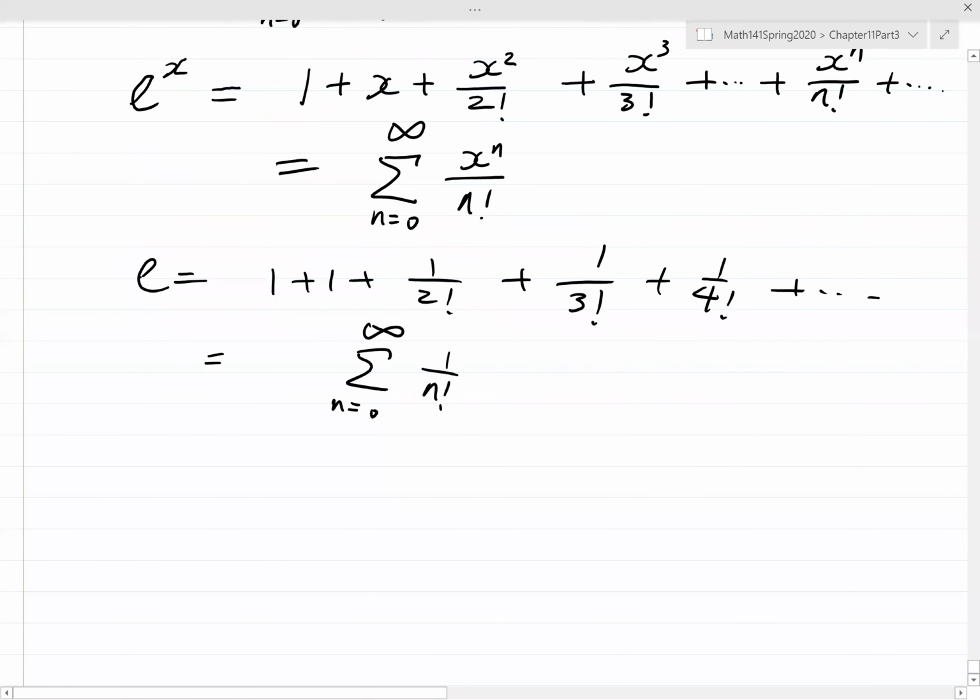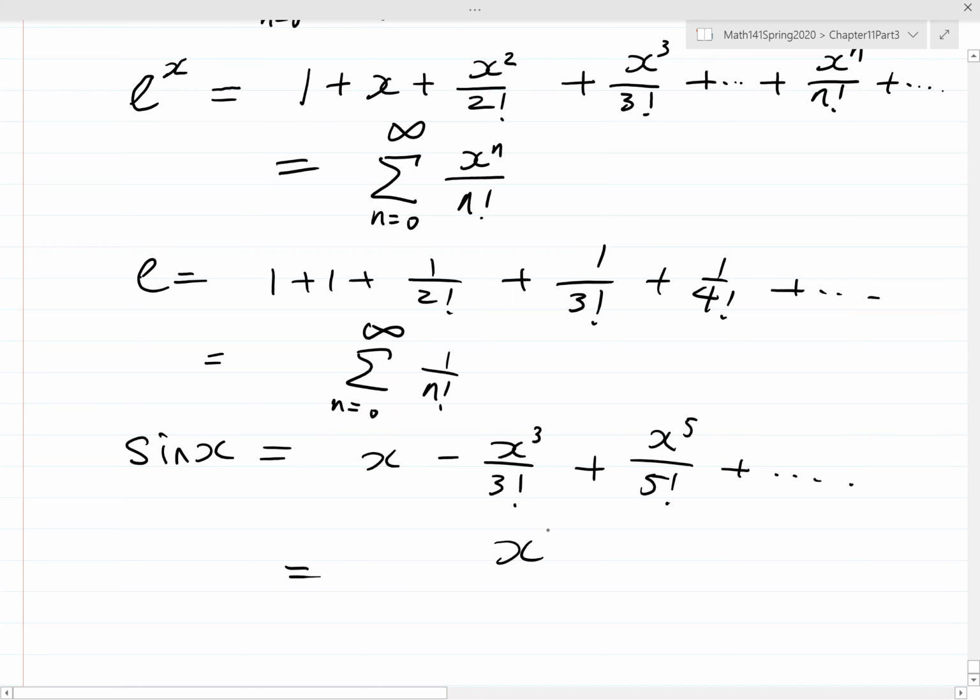Then we get the Maclaurin series of sine and cosine. Sine is x minus x cubed over 3 factorial plus x to the power 5 over 5 factorial, etc. So these are x to odd powers over odd factorials.